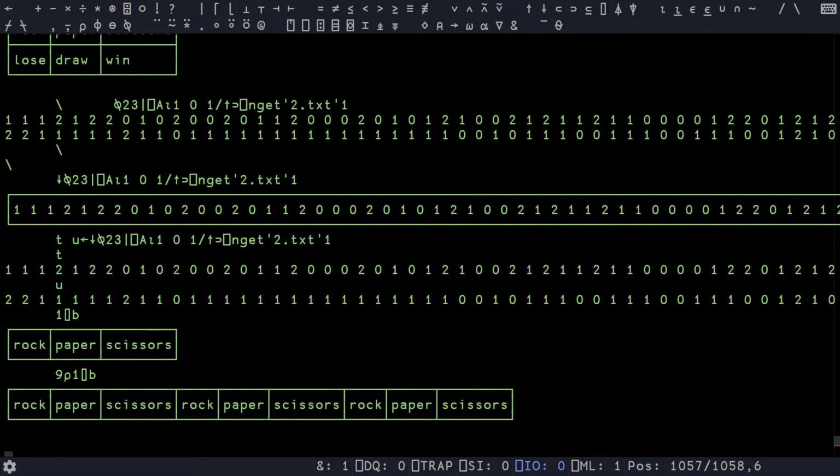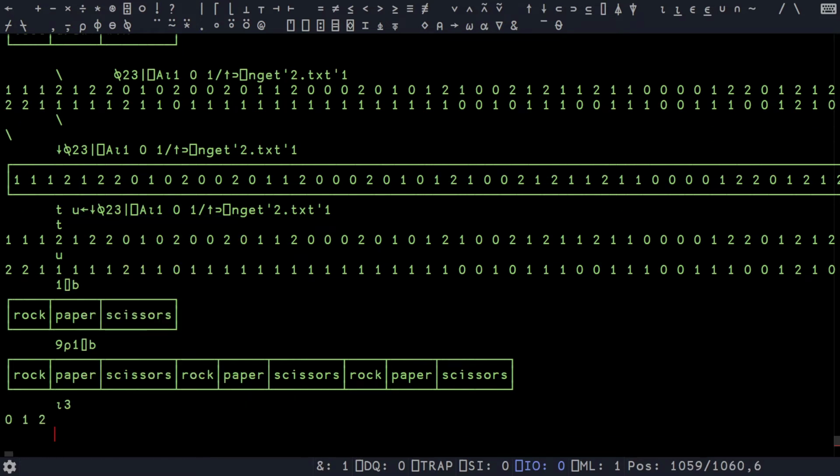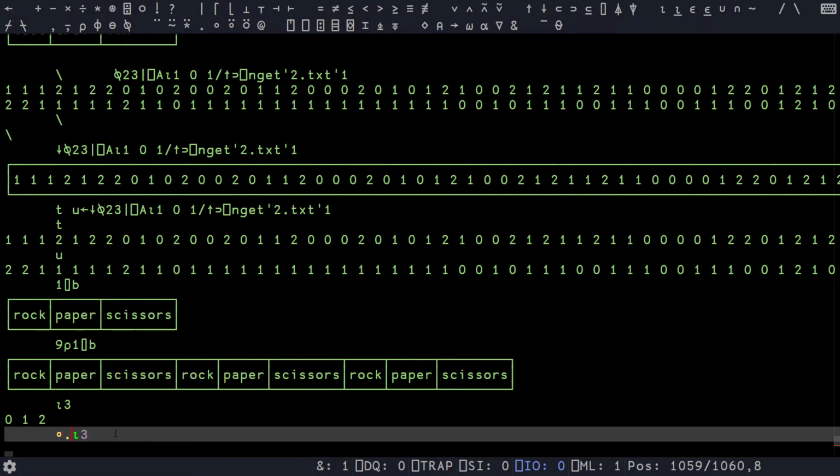Now it's a little bit tricky with scissors and rock because rock doesn't have any element behind it, but we can use modular arithmetic to cause these values to wrap around. So if we look at iota 3, which is just the elements 0, 1, and 2, and we look at the difference for each element.